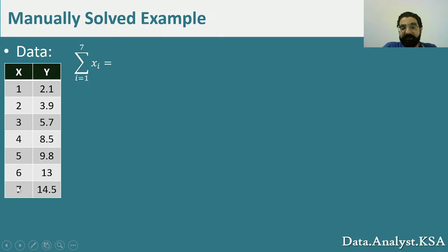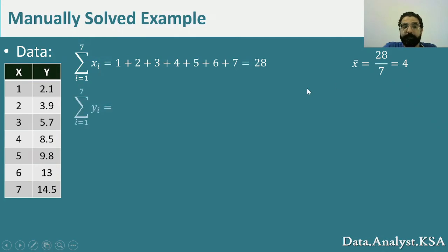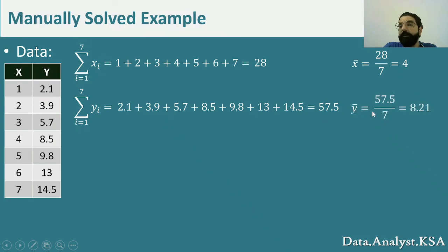So let's sum all of these xi's together, and we will end up with 28. And to find the x bar, we just divide this 28 by the number of observations, which is 7, and we end up with 4. If we do the same for the yi's, we'll just sum these values together, and we will end up with 57.5. And if we divide it by 7, we get y bar equals 8.21.